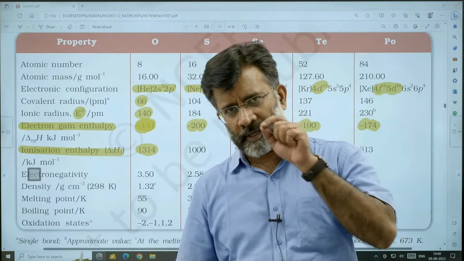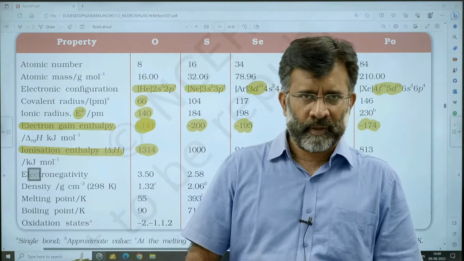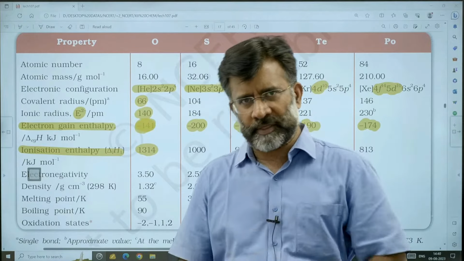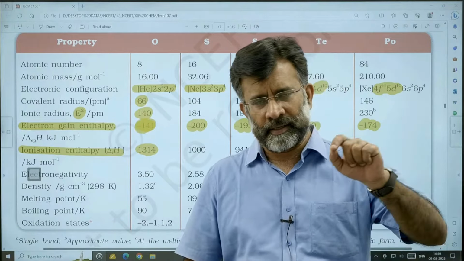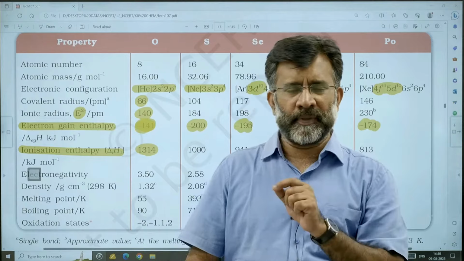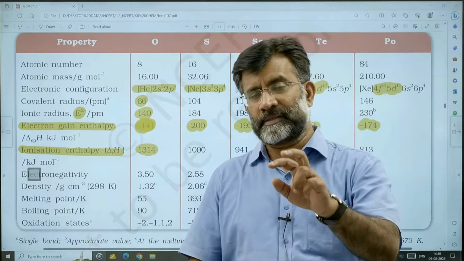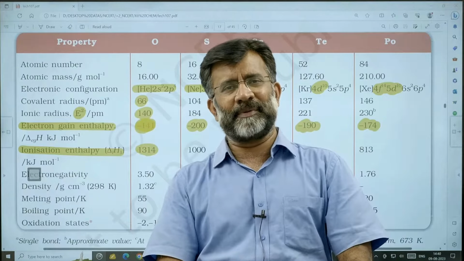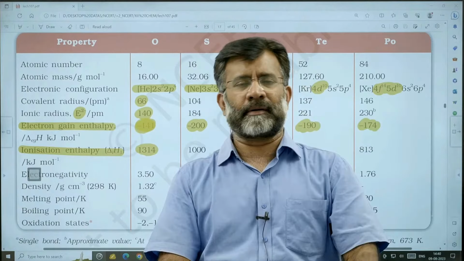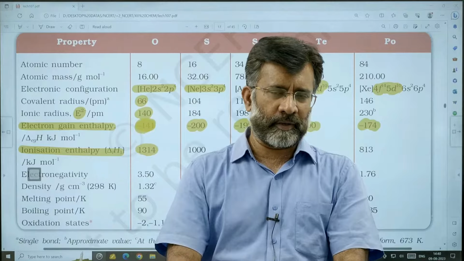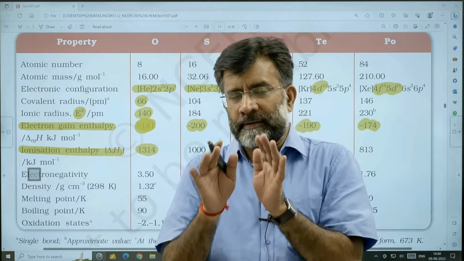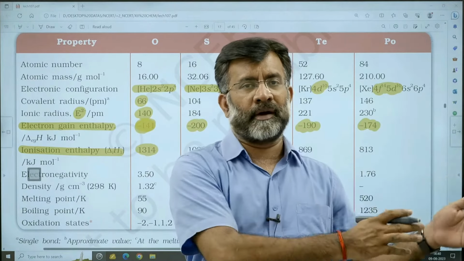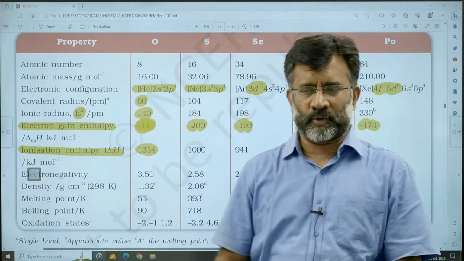So whether you take oxygen and nitrogen, sulfur and phosphorus, or selenium and arsenic, you can see this is reflected. For the nitrogen family, ionization enthalpy will be slightly greater due to half-filled electronic configuration. However, that is not observed for the heavy members down the group.